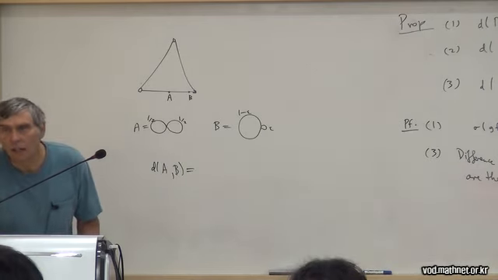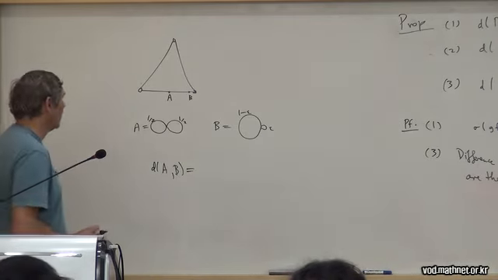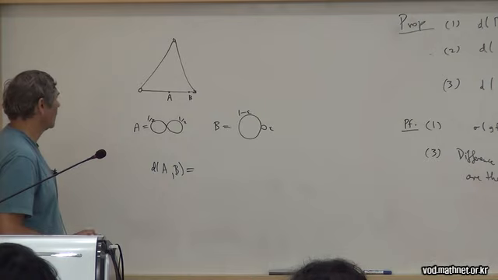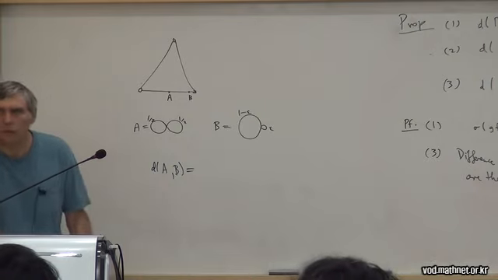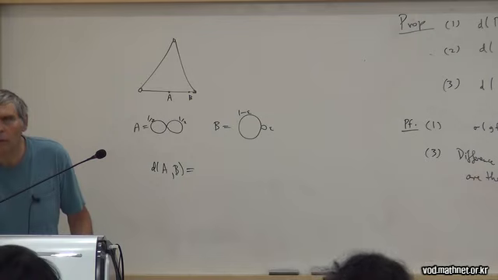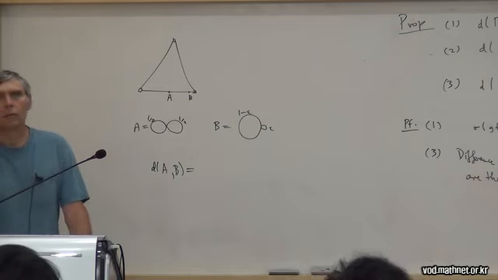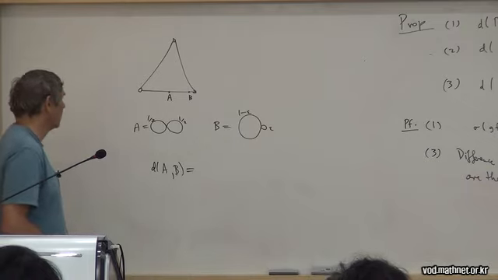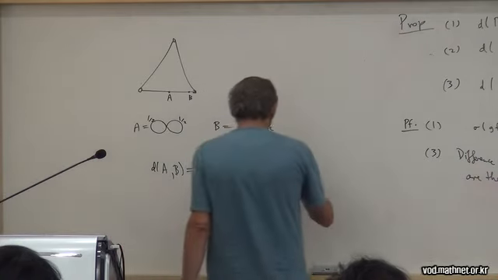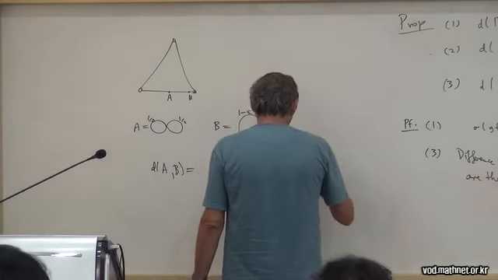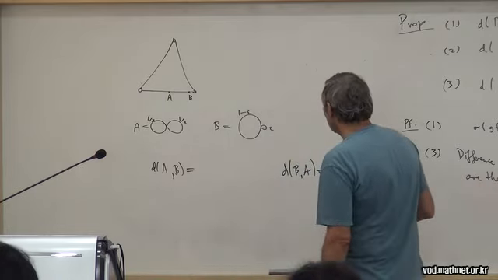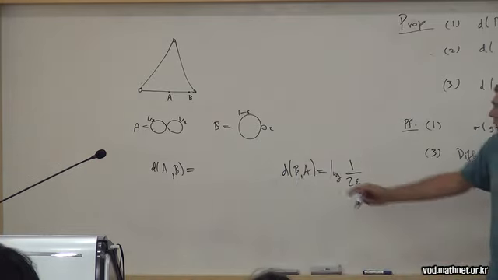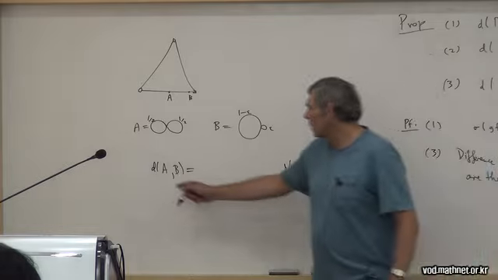Log 1 over 2 epsilon. No. I think you're thinking the distance from B to A. Is that what you're doing? Log of 1 over 2 epsilon. You're right about this, yes. But that's the distance from B to A. What about from A to B?